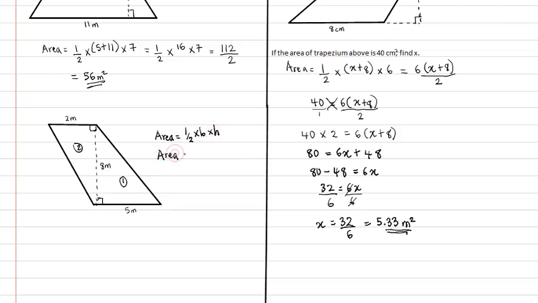So 1/2 times base, which is 5 here, times height. Our height here is 8. So 8 times 5, 40 divided by 2. So 40 divided by 2 will give us 20 meters square. So we've done for this first triangle.